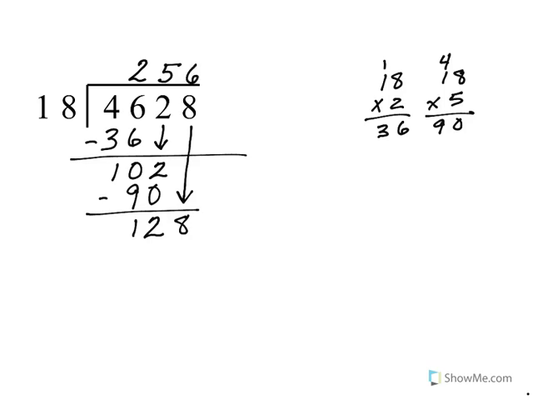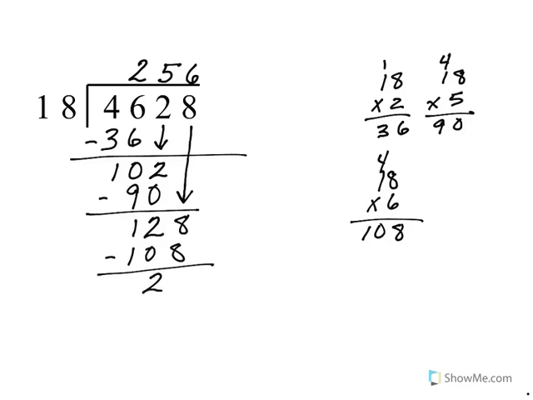I'm going to come over here and multiply 18 times 6. 6 times 8 is 48. 6 times 1 is 6, plus 4 is 10. And I get 108. When I put my 108 here and subtract, I end up with 20.